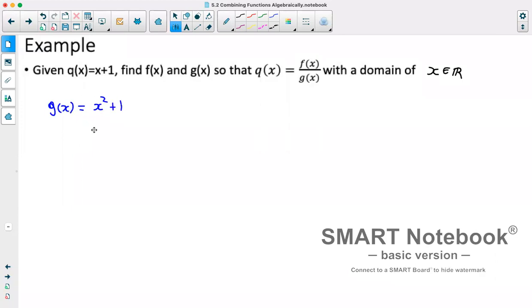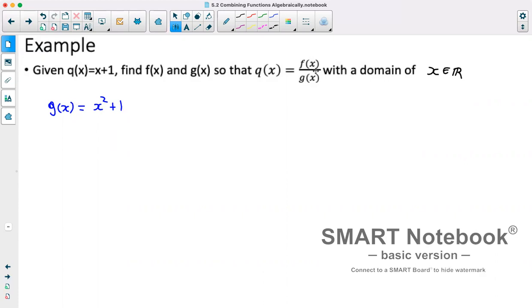Now I know this has no non-permissibles because no matter what, when we square a value, we're not getting a negative out of it. So if we have all real numbers down here, we could put x squared plus any positive constant term. So I've chosen something for my g of x. Like I said, there's many possible answers. I just went with something simple.